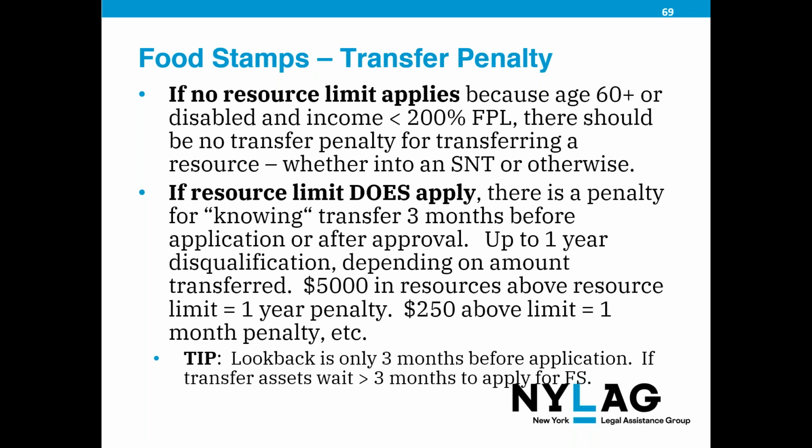And that penalty disqualifies you from SNAP for up to 1 year, depending on the amount transferred. It's a sliding scale. So, what's the moral of that story? If the person is not yet on SNAP and they're getting a lump sum, wait for 3 months before they apply for SNAP, because then there's no penalty.